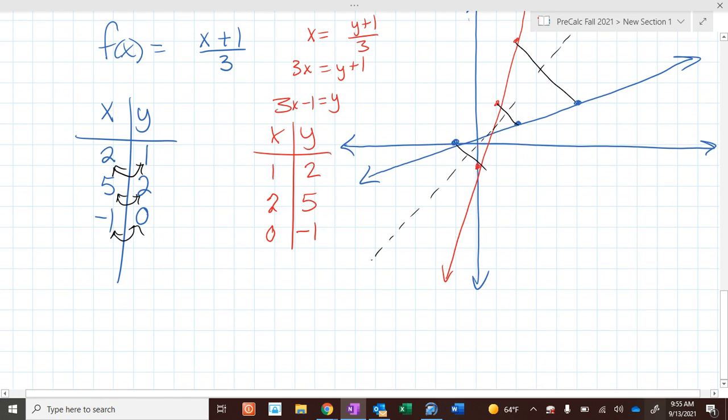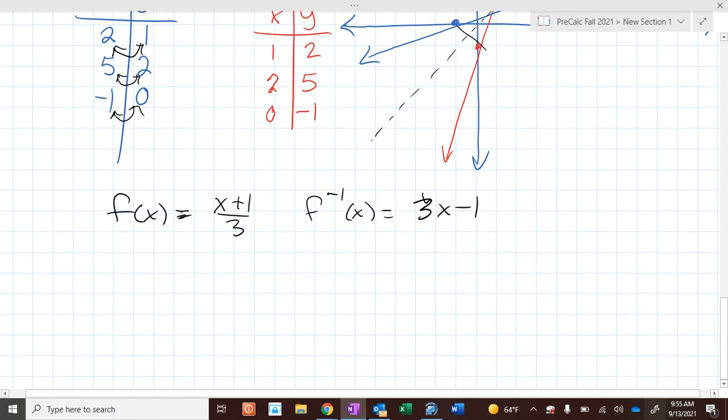Now, if you multiply inverses times each other, or not multiply them by each other, but do composite function of inverses. So f of x is x plus 1 over 3, and the inverse of x is 3x minus 1.